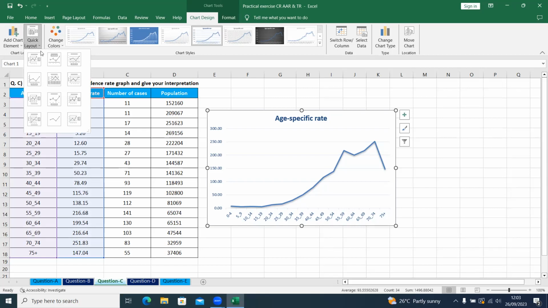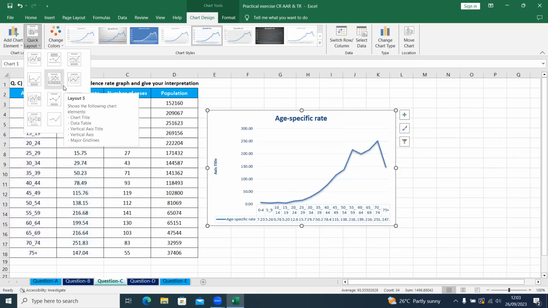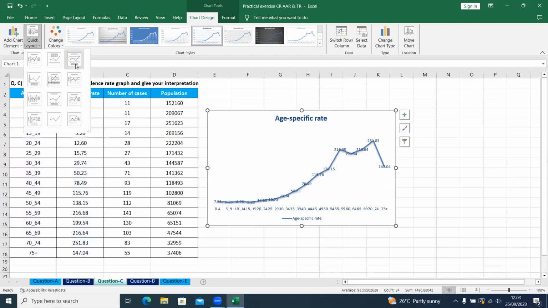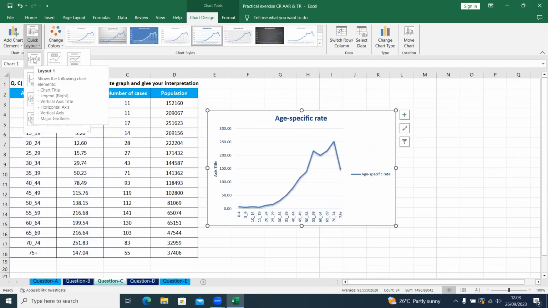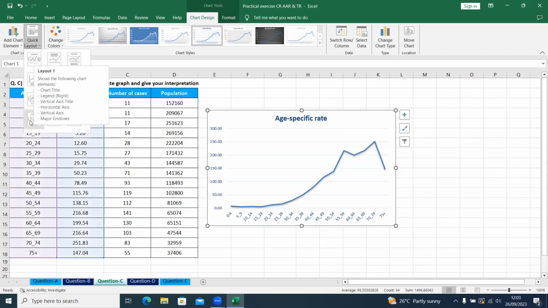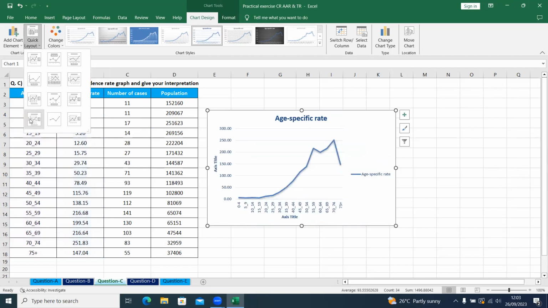You will get different designs. Whichever design you want for the graph, you just click on that design. I have selected this one, so I will get the x-axis name, y-axis name, as well as the title of that graph.